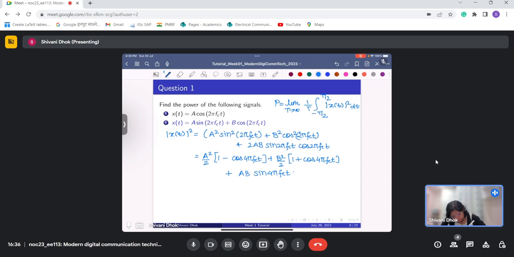Okay, so this power is limit t tending to infinity 1 by t integral minus infinity to infinity this entire term: a square by 2 1 minus cos 4 pi fct plus b square by 2 1 plus cos 4 pi fct plus AB sin 4 pi fct dt.